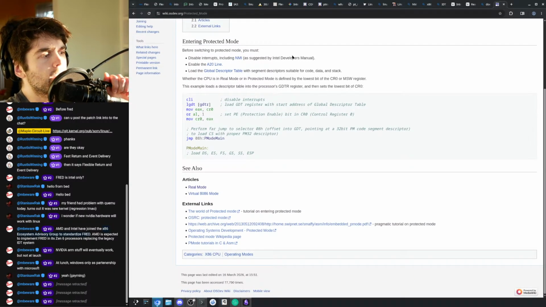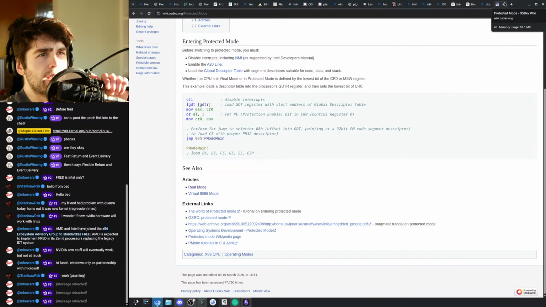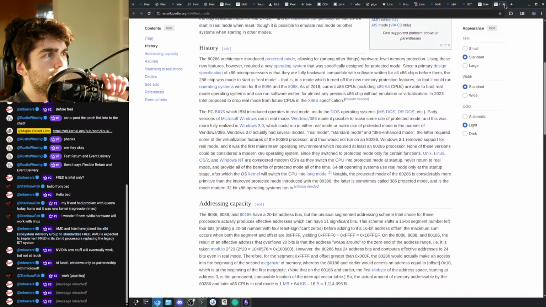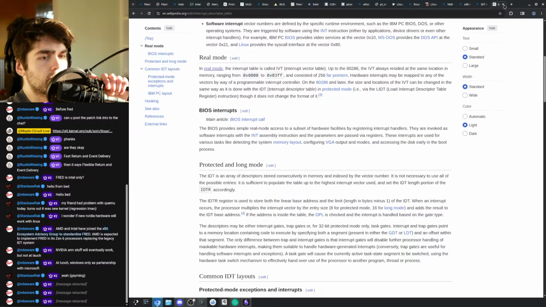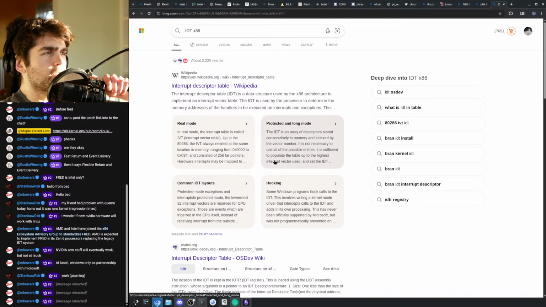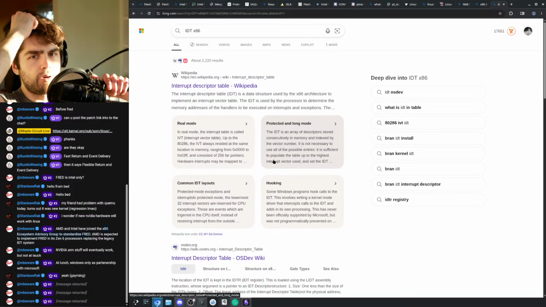Cool. So now back to this. We're running in protected mode. The interrupt descriptor table allows us to put down a bunch of addresses for how to handle specific things.